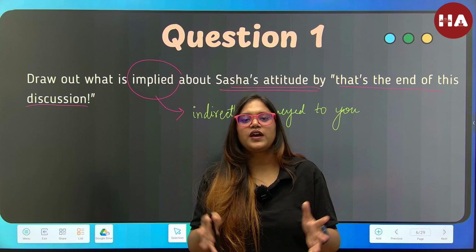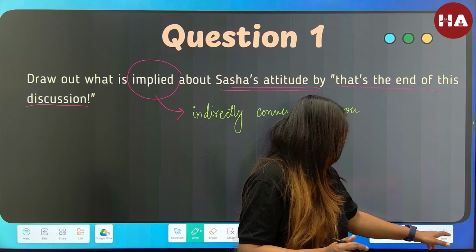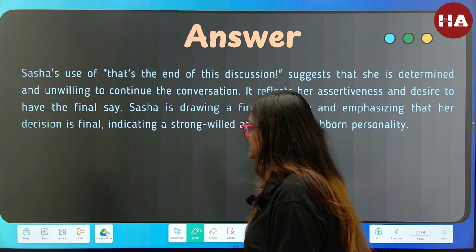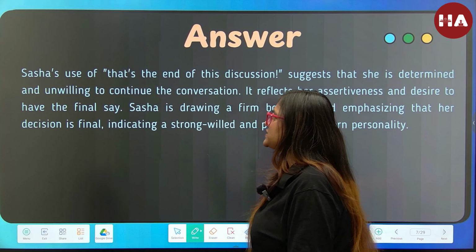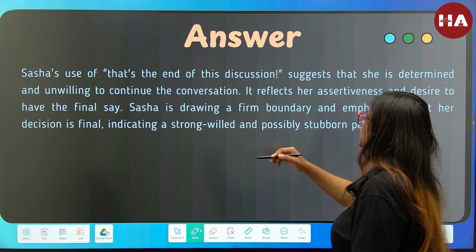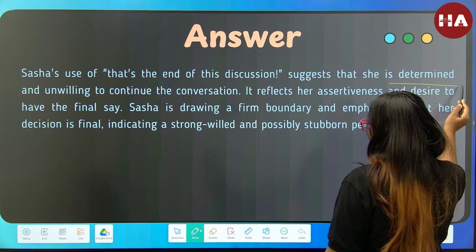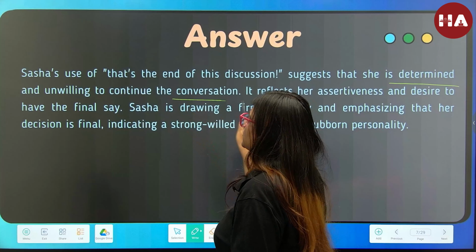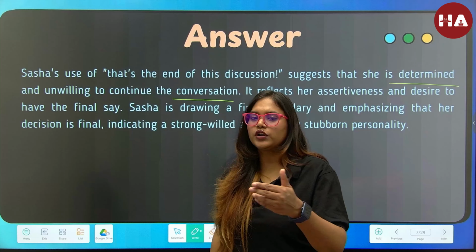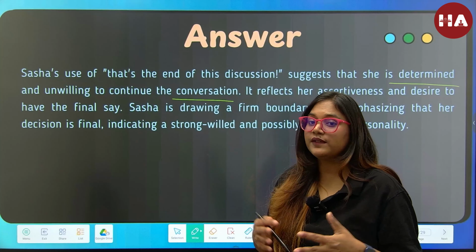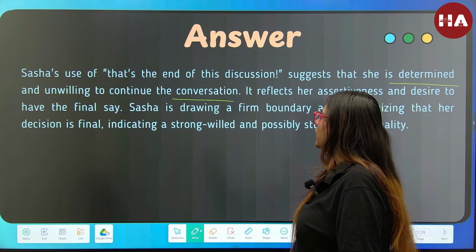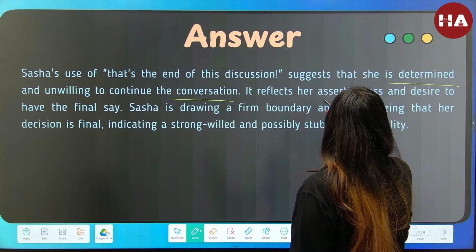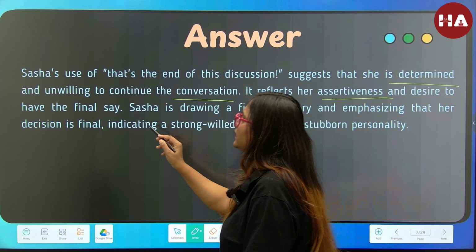Alright, I hope you would have written your response. Let's see an example response for the same. Sasha's use of "that's the end of this discussion" suggests that she is determined and unwilling to continue the conversation. This is for sure that she does not want to be involved in the conversation any longer. It reflects her assertiveness and desire to have the final say.